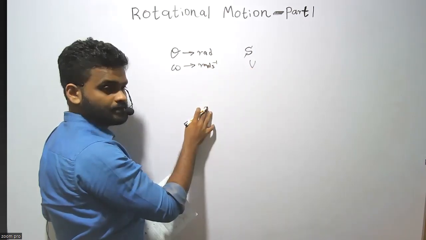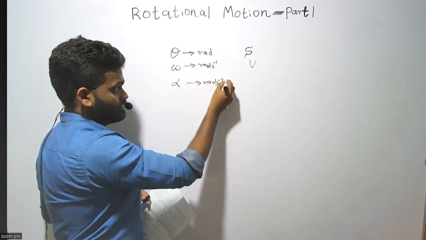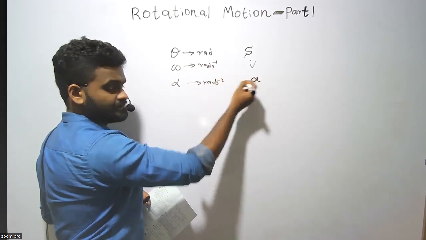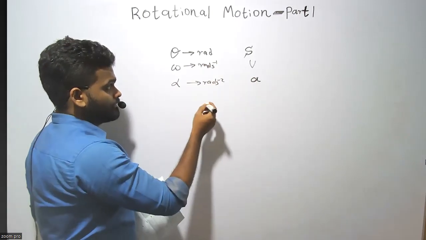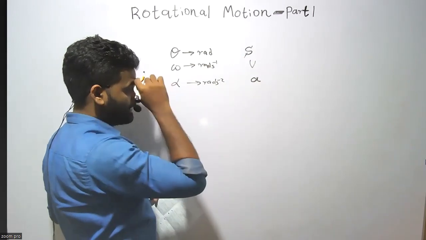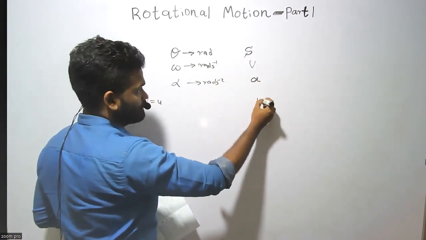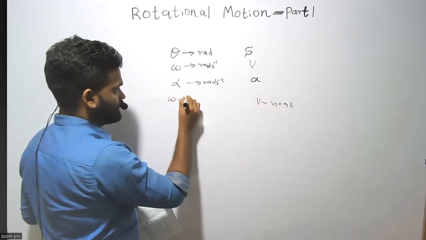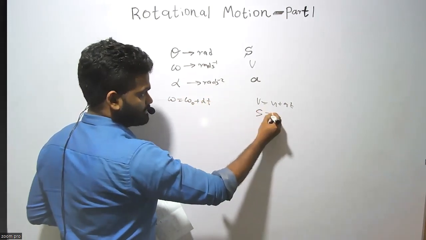This is like v, right? Then we discussed alpha, rads per square second. So this is similar to linear acceleration. Then we got these equations. So instead of that one, I can put this rotational equation. Then this equation.